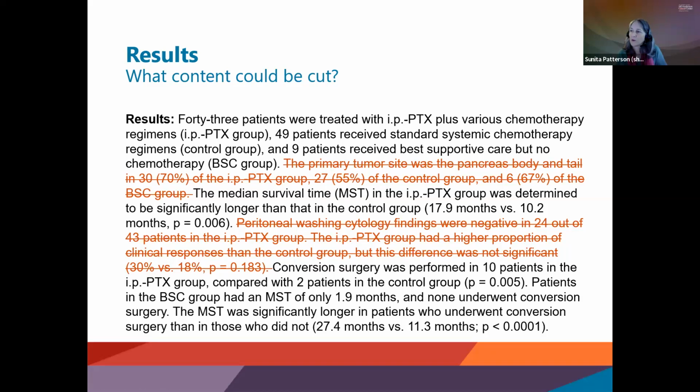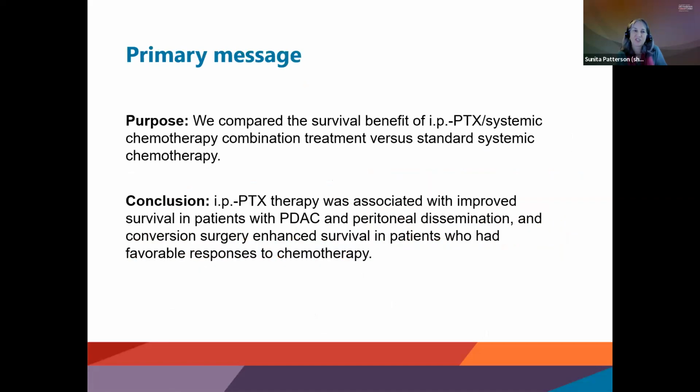Now, there were comments about conversion surgery, and the purpose of the study does not mention conversion surgery as something that's being looked at. We decided to keep it in because the conclusion, we'll get to the conclusion, does mention that conversion surgery enhanced the survival.